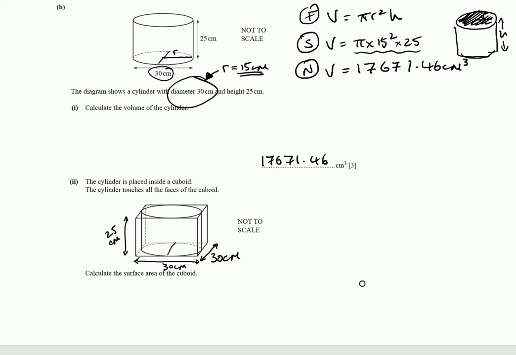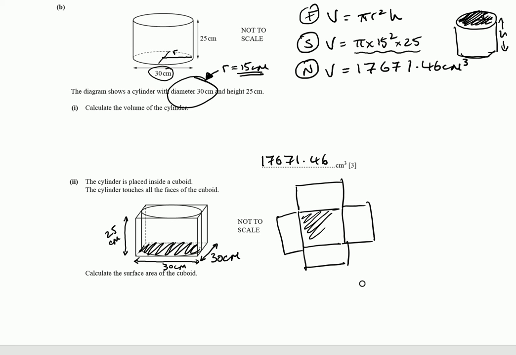So once we've figured that out, it's just a surface area of a cuboid question. And for me, the easiest way to do this is to make a little picture. Here's the base of the cuboid. I'm going to draw a flap for each side. So my base over here is drawn like this.